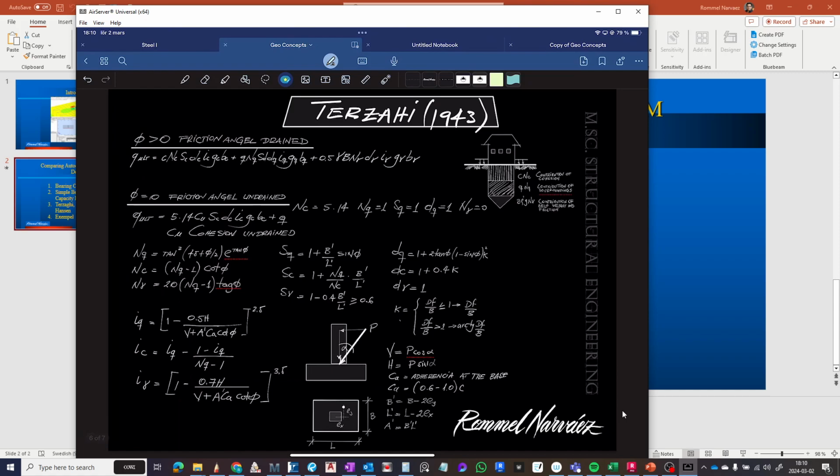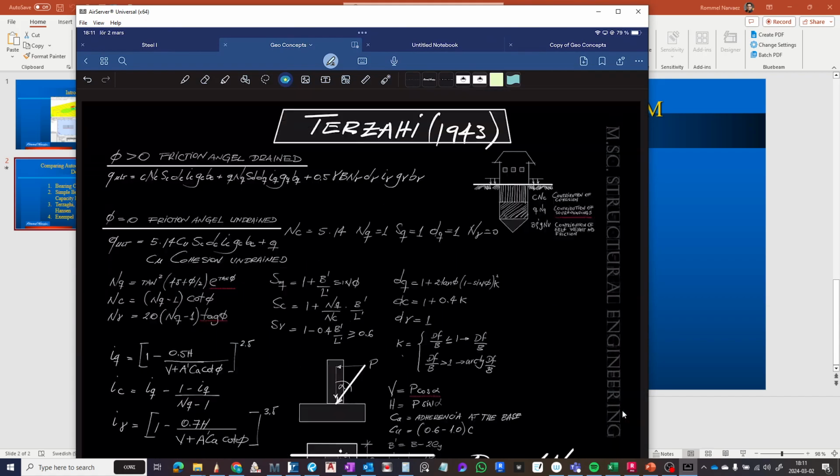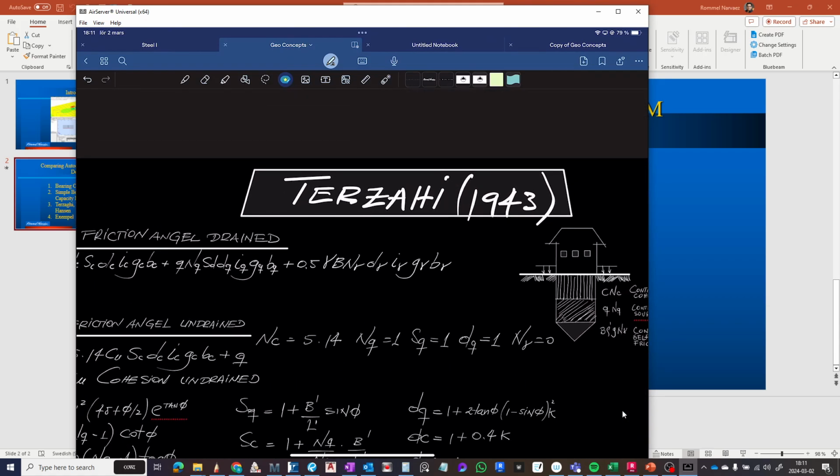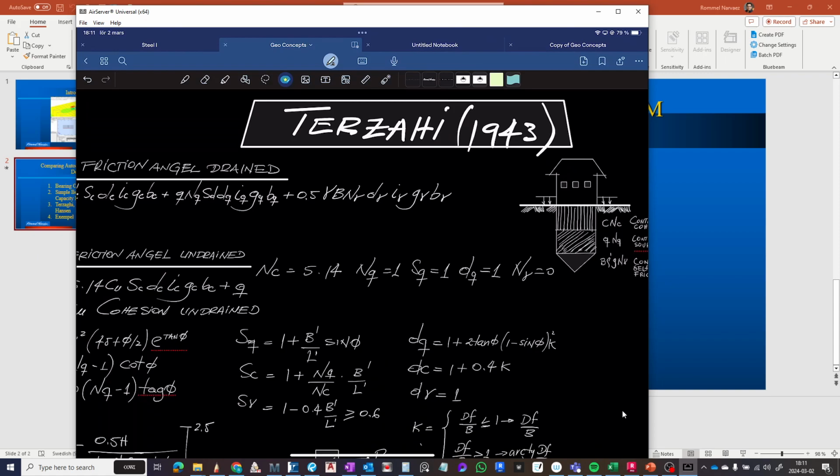So we are talking about the formulas that are used to analyze these spread footings in the soil: Terzaghi, and the others, Hansen and Vesic.